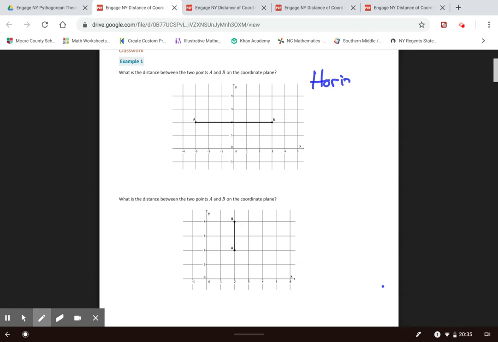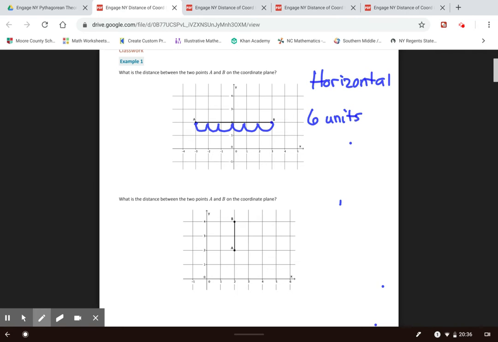Whenever we have a horizontal distance, we just start at one point and count the units from point to point. So we have 1, 2, 3, 4, 5, 6. My distance between points A and B is going to be 6 units. And we always assume it's 1 unit unless we're told otherwise. All right, so that's my horizontal distance.